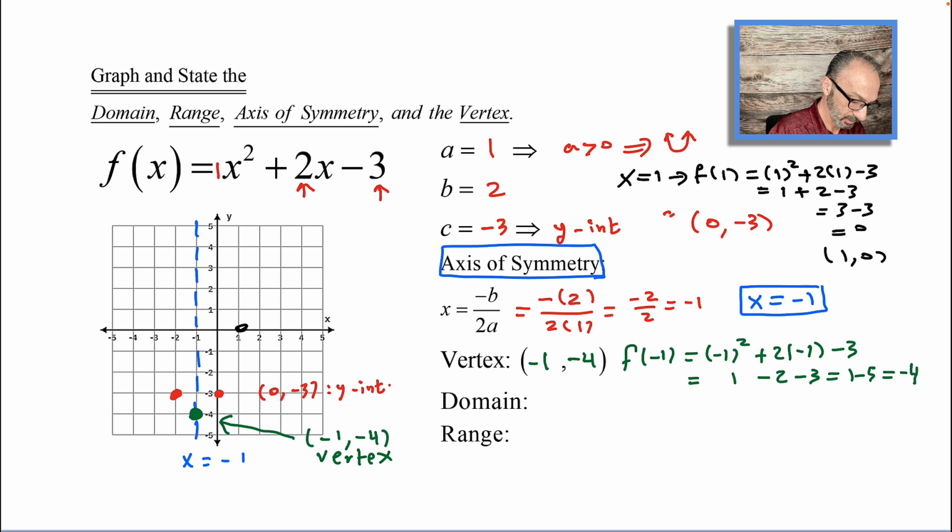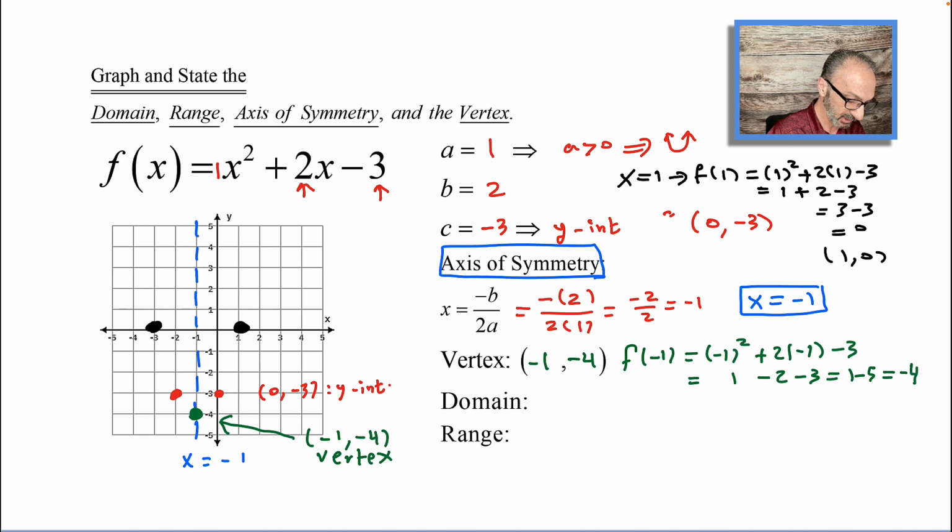Let's mark it. It's because of symmetry. I'm going to go to the left of the axis of symmetry, which is 2 units far apart. Take a look at this. These are 2 units. So I'm going to go to the left 2 units and mark another point, which is -3 comma 0.